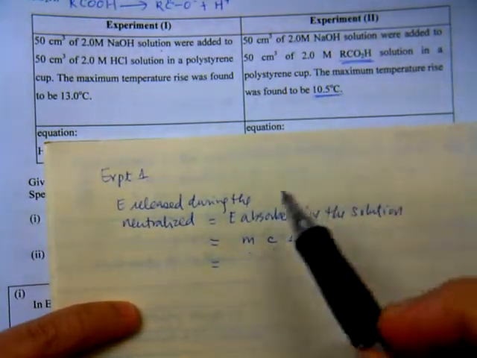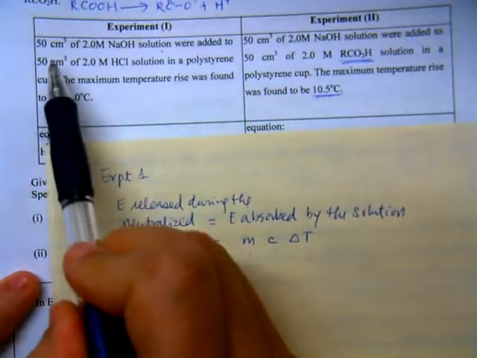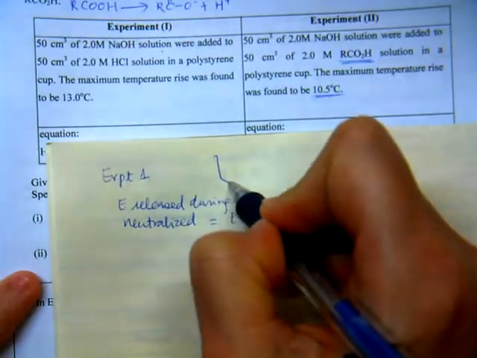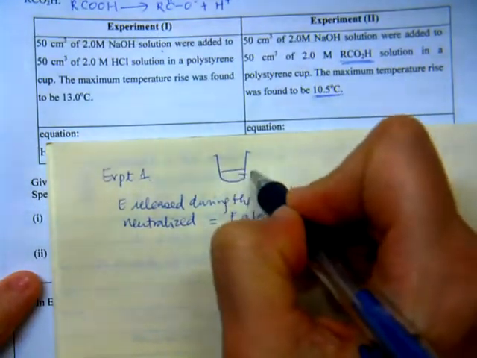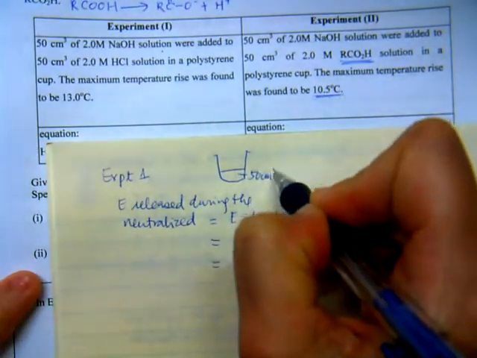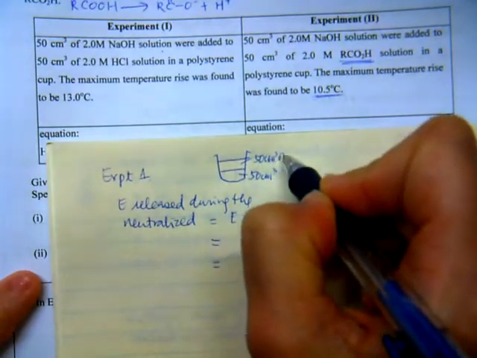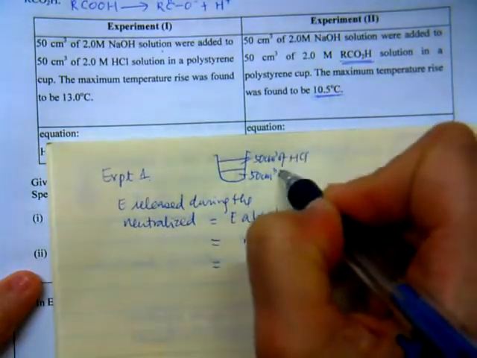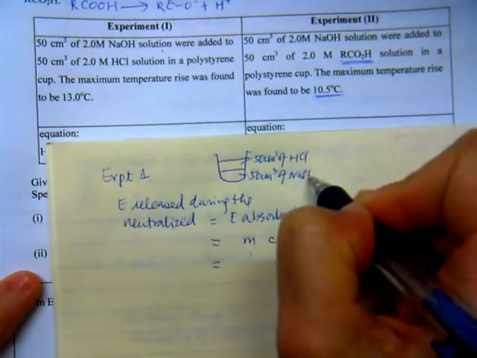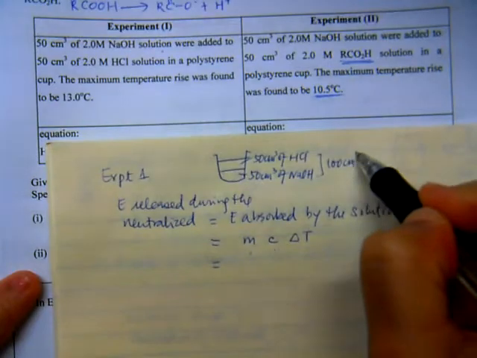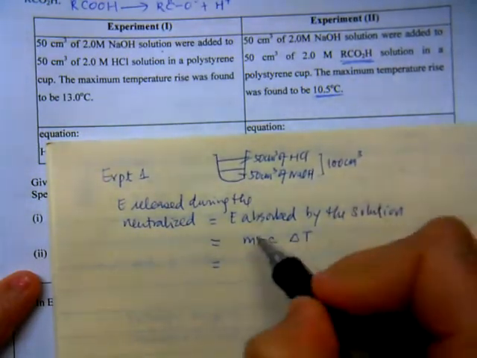Mass of the solution. What is the mass of the solution? Now, look at the situation. We have 50 cm³ of NaOH mixed with 50 cm³ of HCl. So, in the surrounding, we have a total of 100 cm³ of solution.